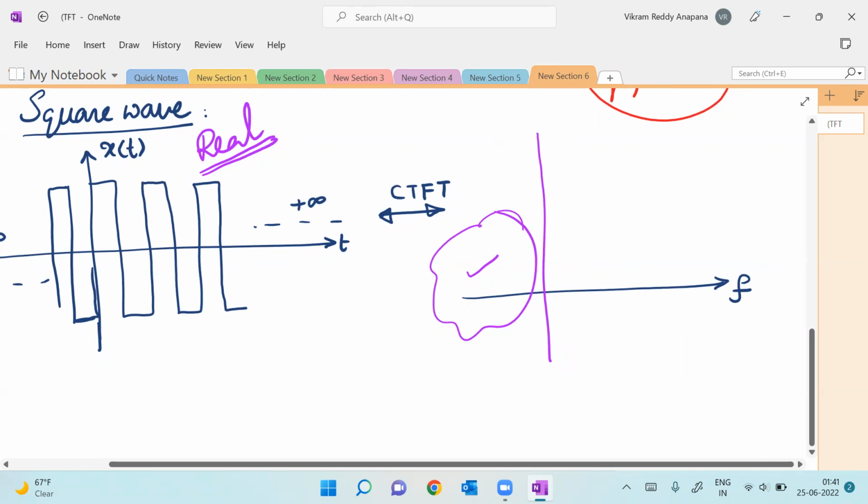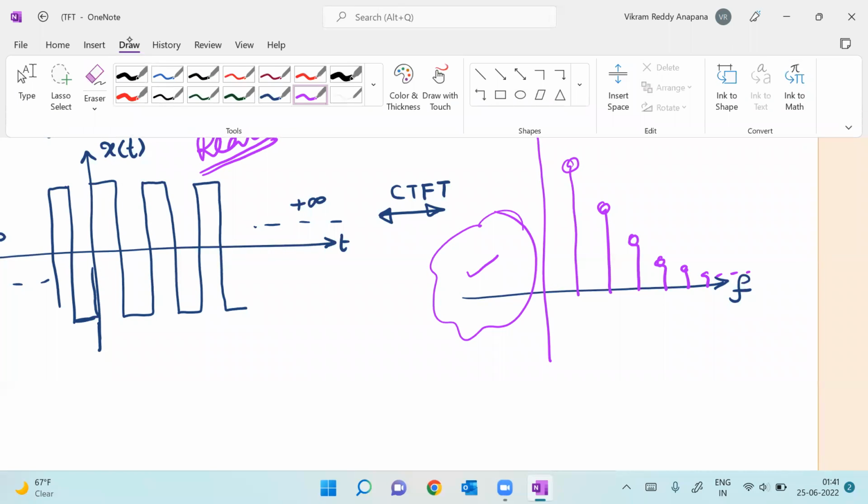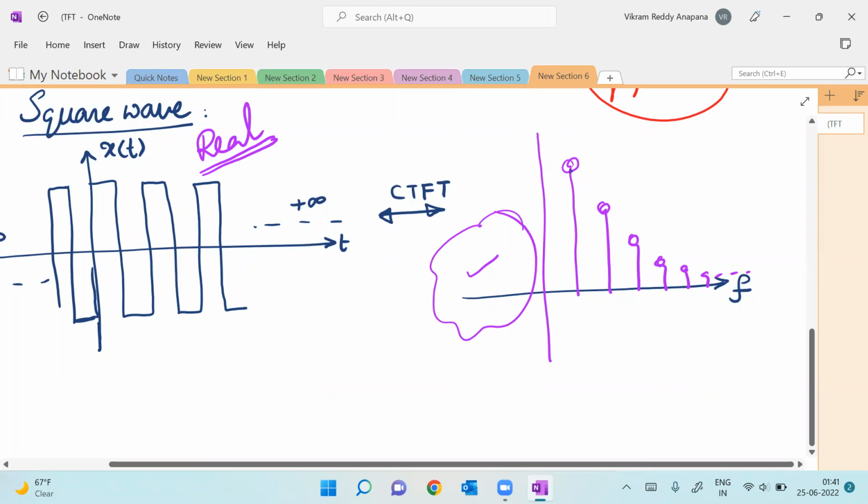So as we have a square wave, I would see something like this in the frequency domain, some frequency spikes, something like this. In reality, you will see all sinc functions here, also towards the negative side.